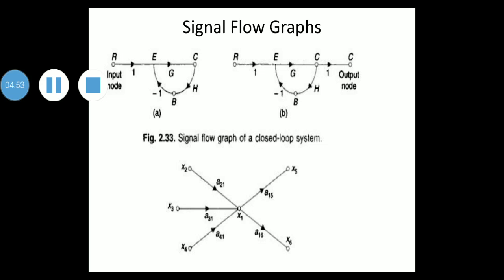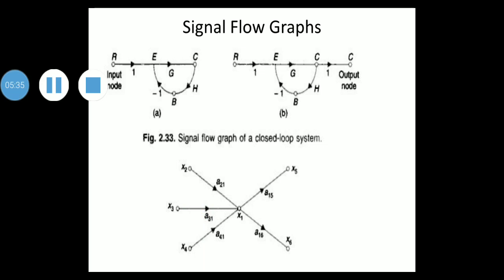When we see the signal flow graph below, the node variable x1 can be expressed as x1 equals a21 x2 plus a31 x3 plus a41 x4, which is the sum of all incoming signals.